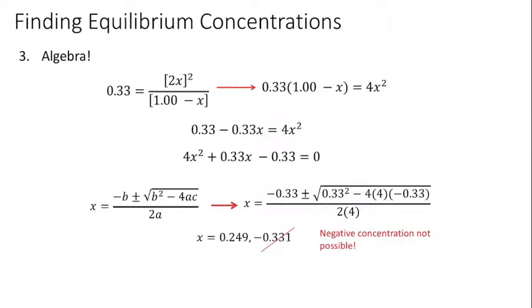This is a quadratic equation. We need to solve for x. There's no easy way to simplify this expression and do that, so we're going to need the quadratic equation.